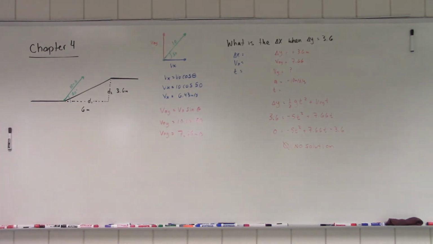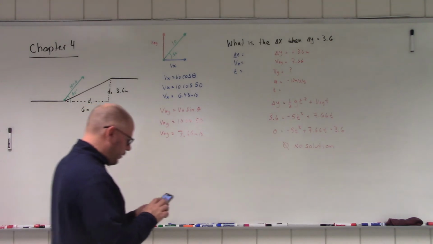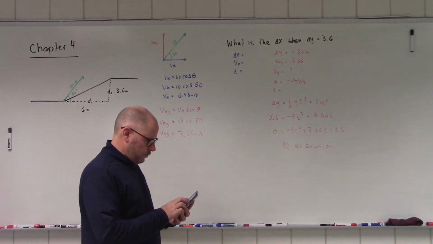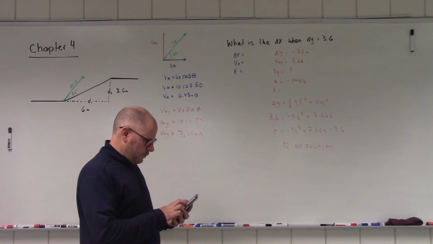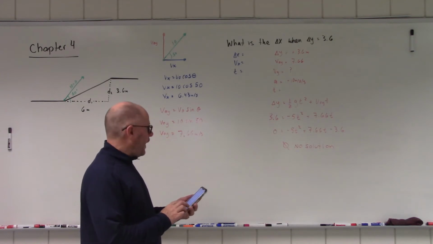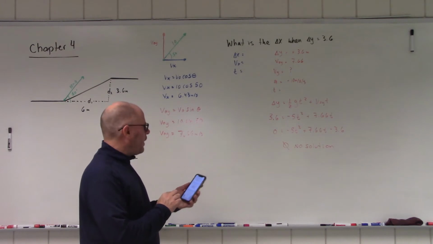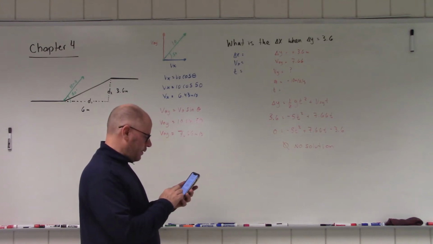Okay, let's verify that result. I'm going to find a quadratic equation solver. My A value is -5. My B value is 7.66.